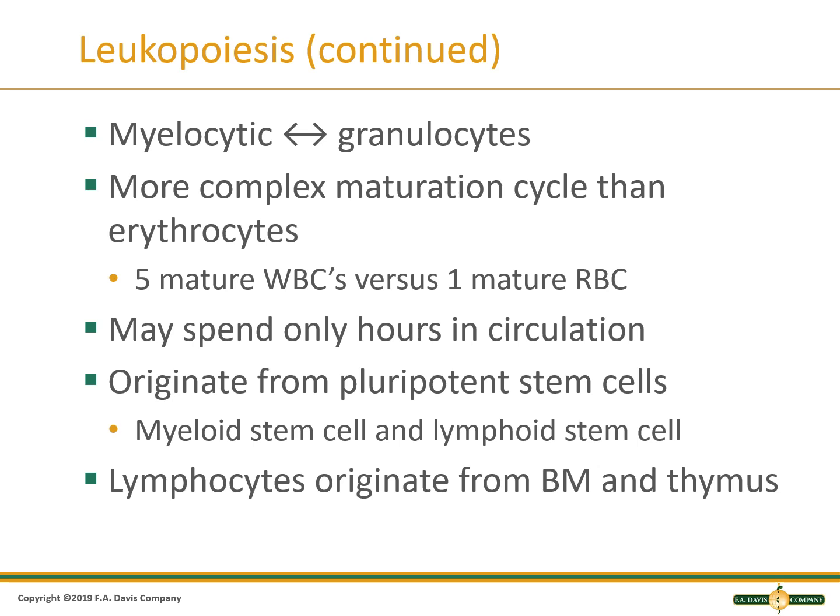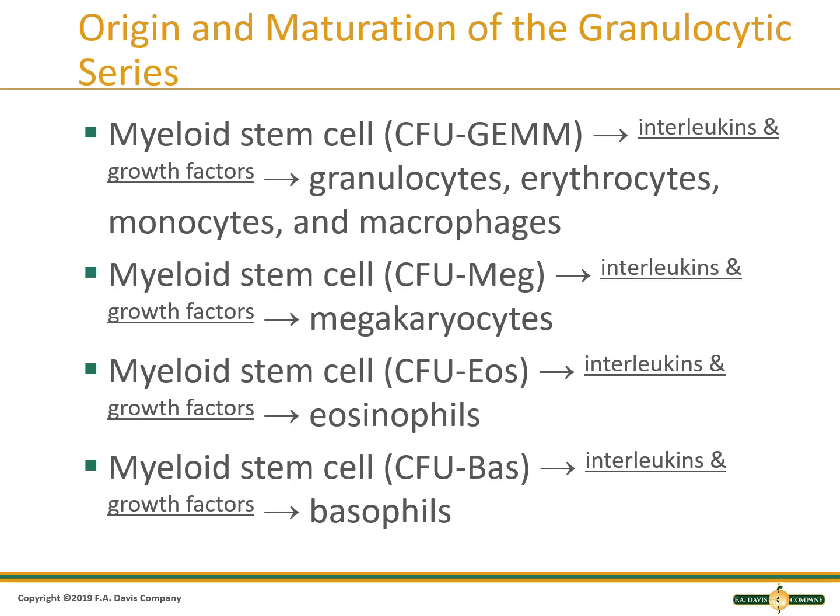So the lymphocytes originate from the bone marrow and the thymus, which is part of your lymph system. It is in the upper part of your chest.